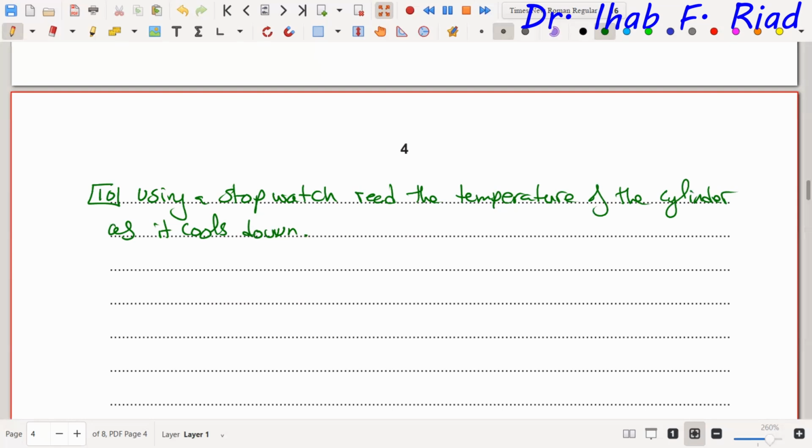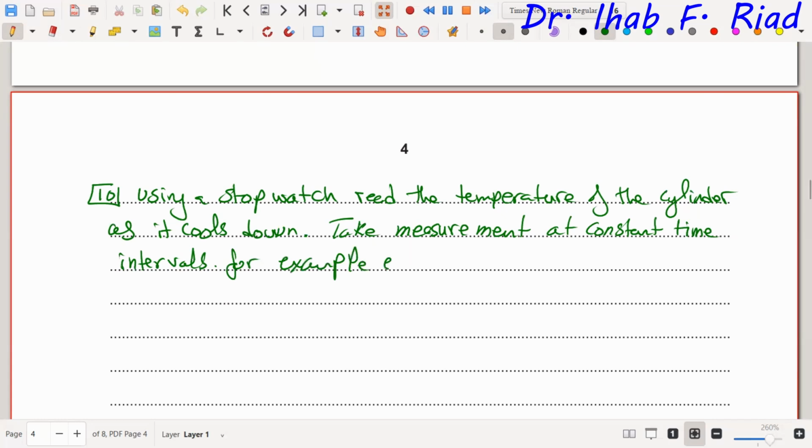Take measurements at constant time intervals, for example, each minute for a total time of 30 minutes.